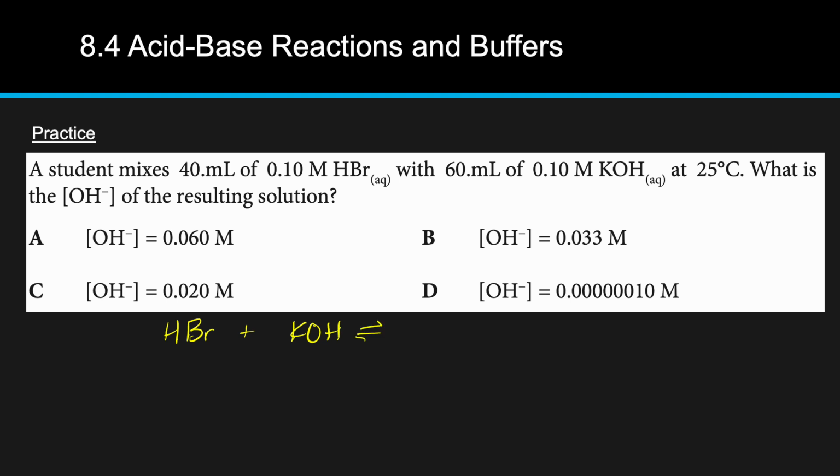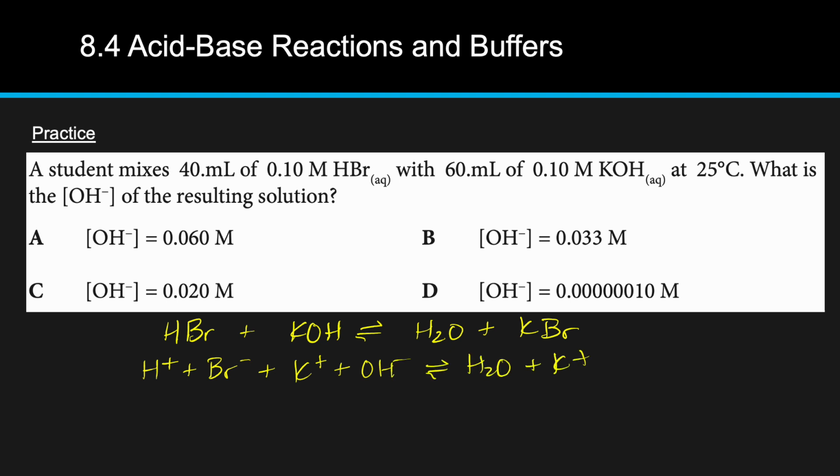So H and OH are going to make water, and then K is going to bond to Br for an ionic salt. So we know that strong acid, strong base, 100% dissociation. So we'll have H plus, Br minus, plus K plus, OH minus reacts to form water, K plus, and Br minus.